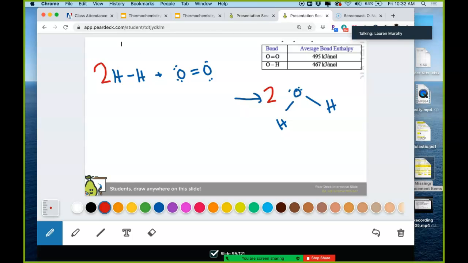Okay, so remember, delta H for this is bonds broken minus bonds formed. So bonds broken, that's these guys, minus bonds formed, that's these guys.